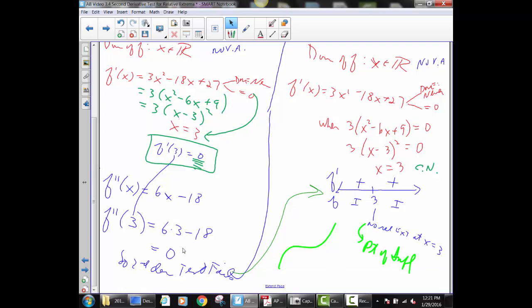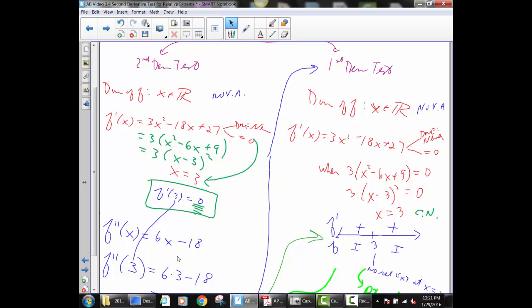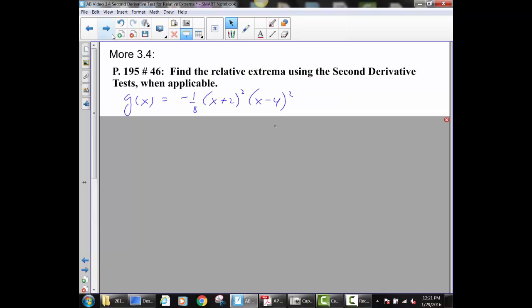Unfortunately, here we get that the second derivative is 0, so the second derivative test fails. When comparing these two tests, here you have the extra chore of finding the second derivative. Here you have the extra chore of making a number line and checking on both sides. So the second derivative test is actually faster, if you can use it.